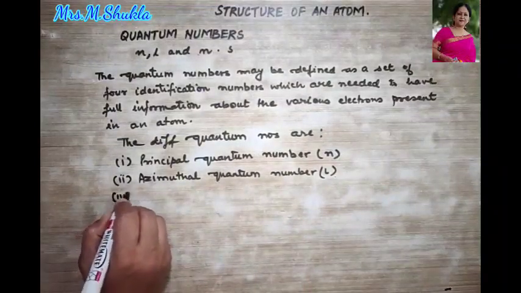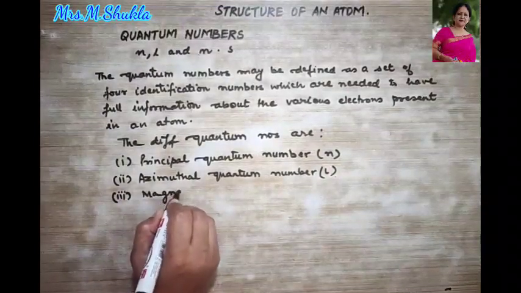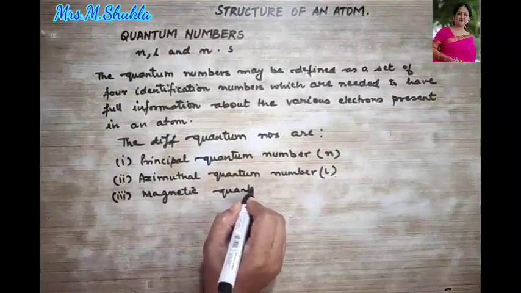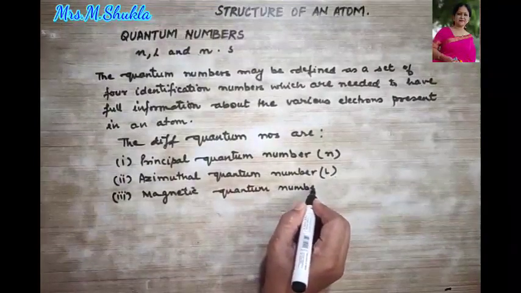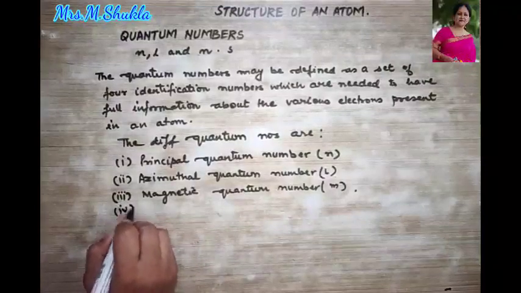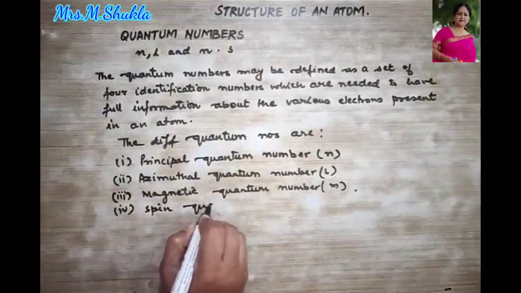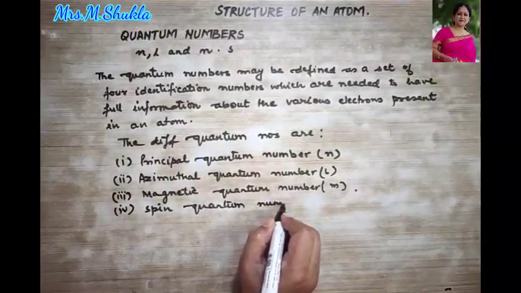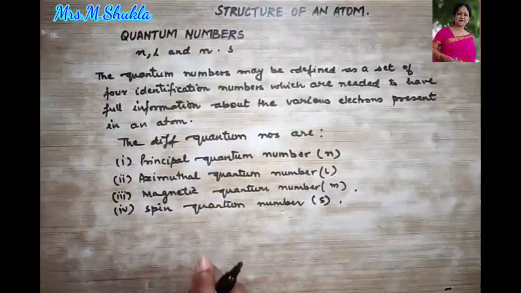Then the third is, as I had told you yesterday, the magnetic quantum number, represented by the alphabet small m. And the fourth one is the spin quantum number, represented by small s. Right?